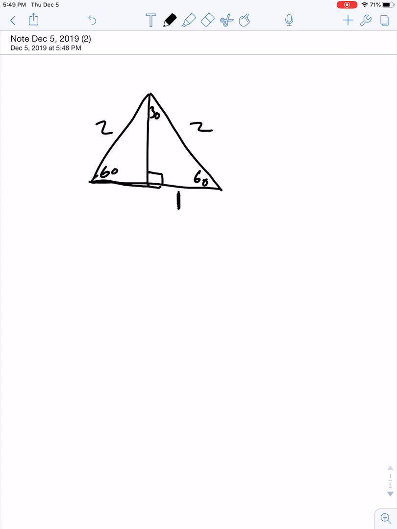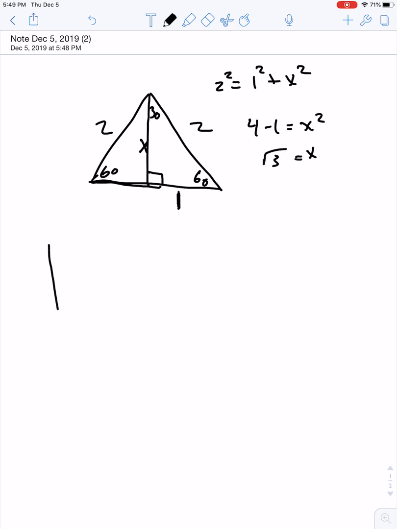At this point, I don't need this piece of the triangle. So I'm just going to leave it there. But I do need to know what's opposite the 60, so I'm going to use the Pythagorean theorem. 2 squared equals 1 squared plus x squared. So that's 4 minus 1 equals x squared, and x equals square root of 3.